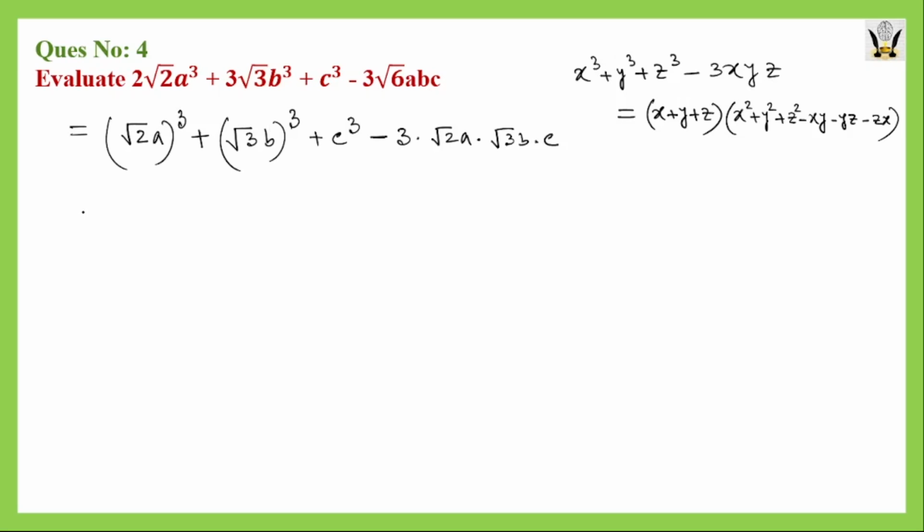So the given expression is fitting with this identity. So what we can write is x plus y plus z, where x is root 2a, y is root 3b, and z is c. Then we will have x square, so root 2a whole square, which will be 2a square, then y square, root 3b whole square, so it will be 3b square, and then z is c, so c square, minus xy.